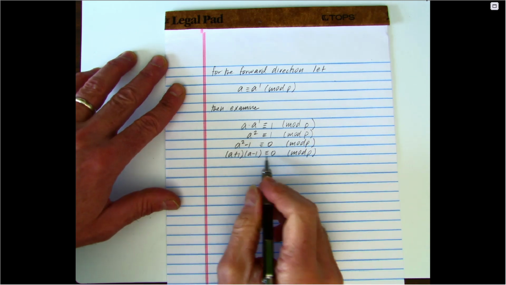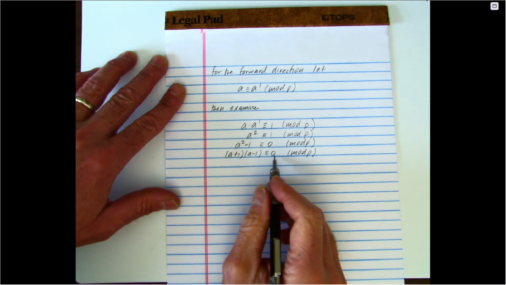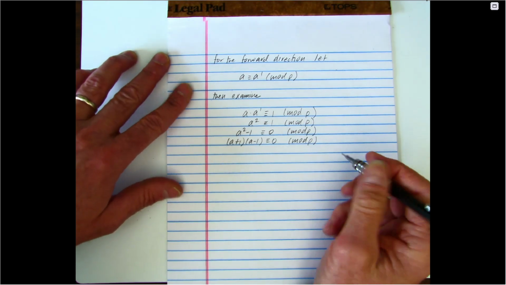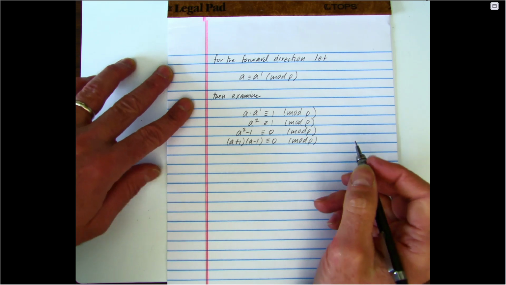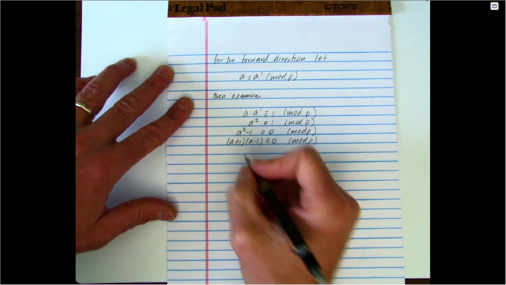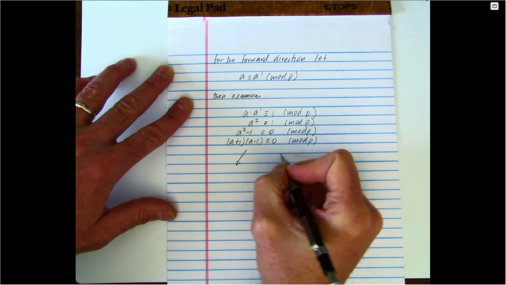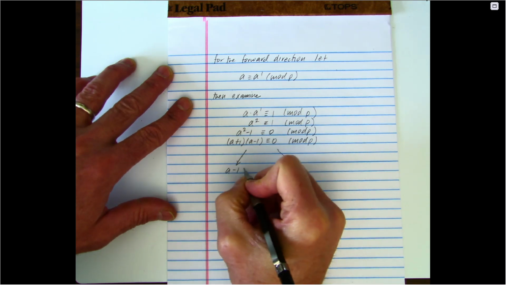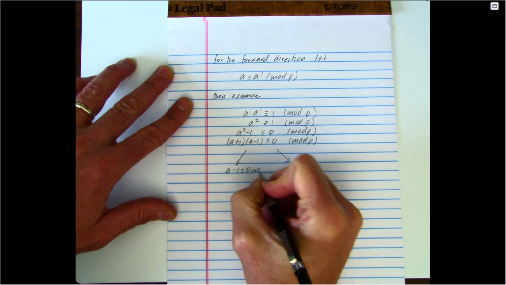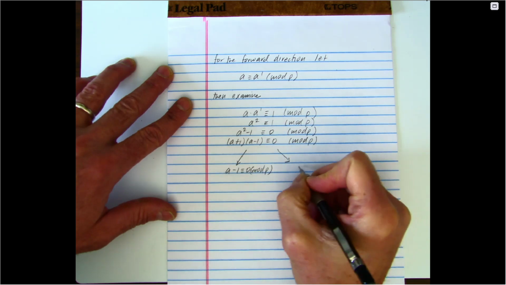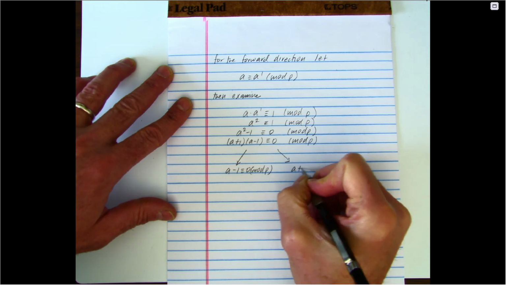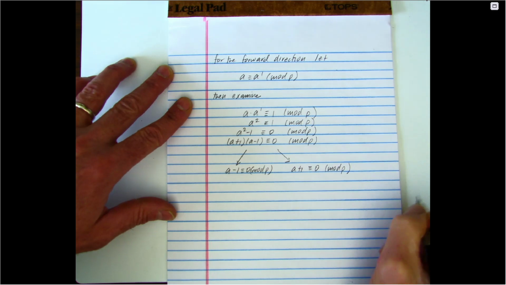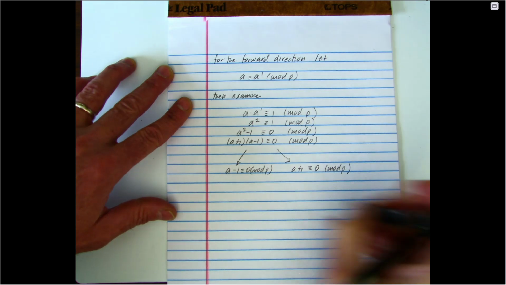Now, anytime we have a product equal to 0, it implies that one of these has to be 0. That's the only way we can get a 0, both in integers as well as modular arithmetic, since we're multiplying. So we get two branches: either A minus 1 is congruent to 0 mod P, or A plus 1 is congruent to 0 mod P. I didn't like the way I wrote that, so I'm going to switch the signs.